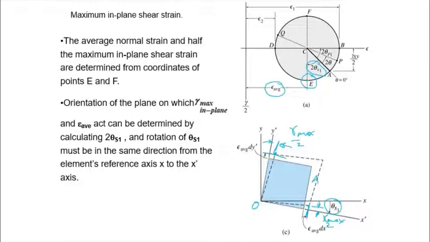So this line here is parallel to this line, while this line here is parallel to this line.